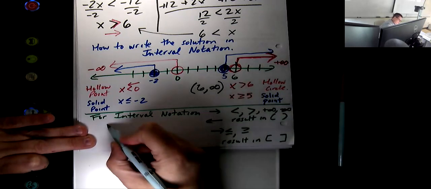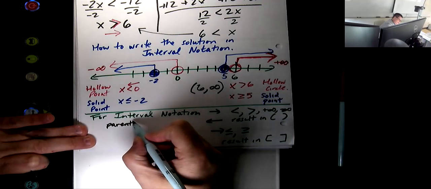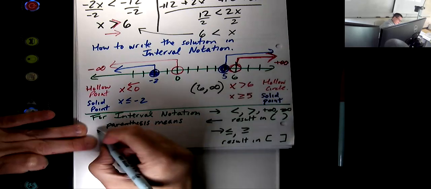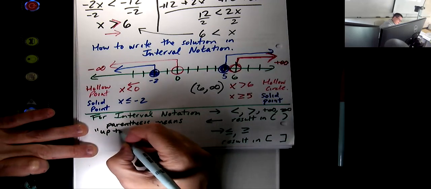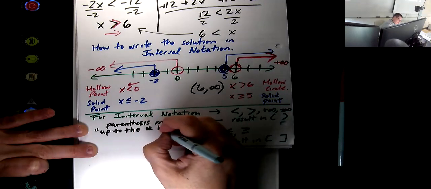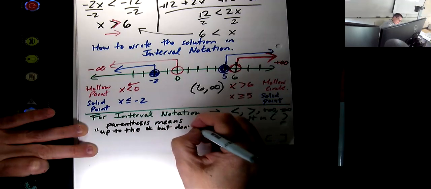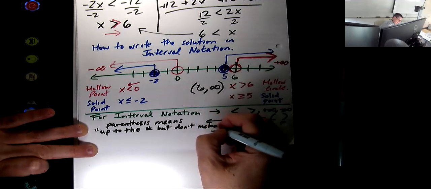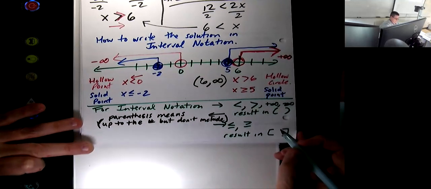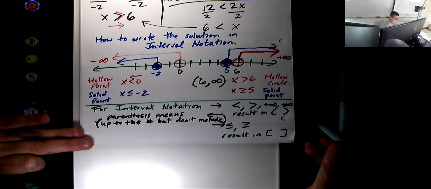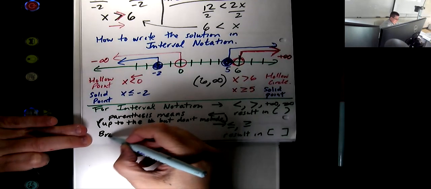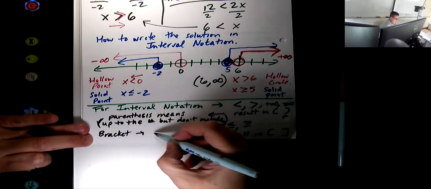The parentheses means up to this number, but not included. Don't include it. The bracket means include the number.